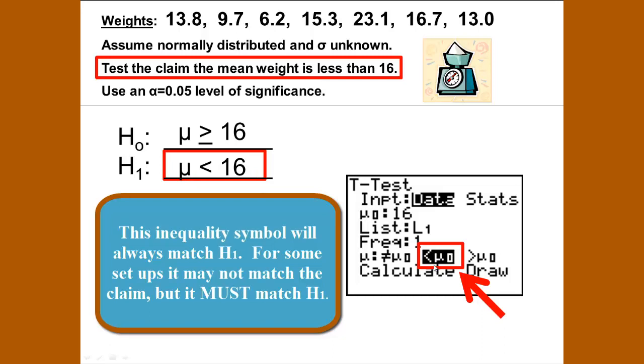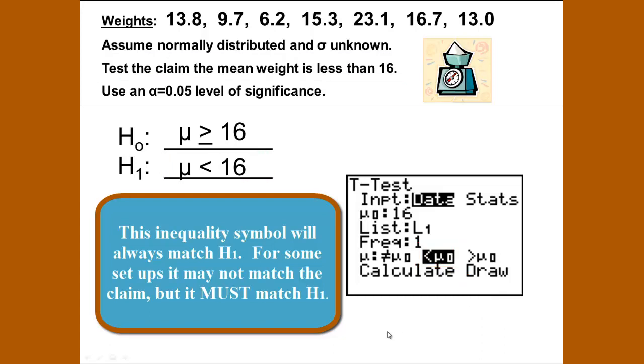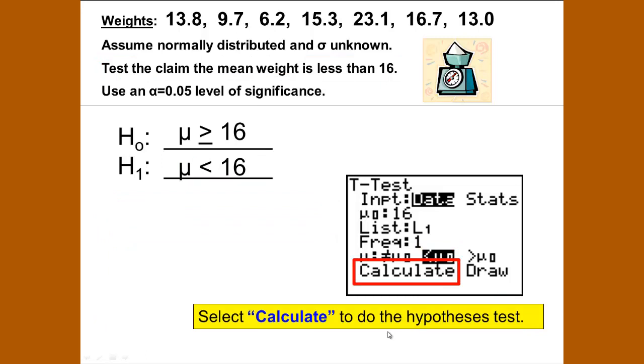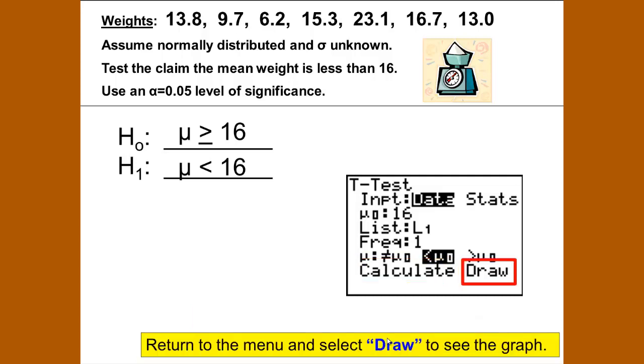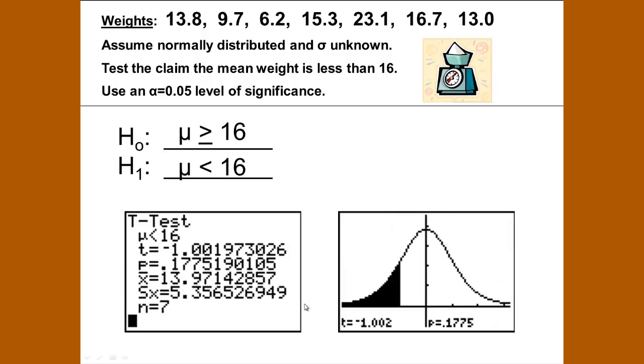So we should select, of the three, the less than symbol, and it should be highlighted. Next, we will select Calculate to do the hypothesis test. Once you've done that and got the results, you can also go back and return to the same menu and select Draw to see the graph. I will show both results on our next screen.